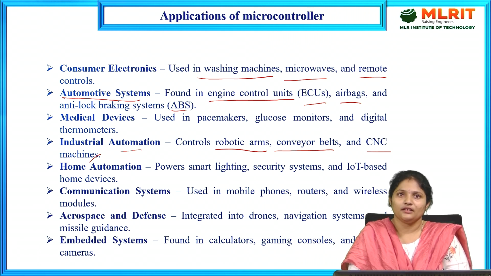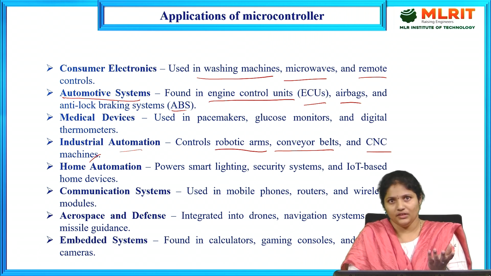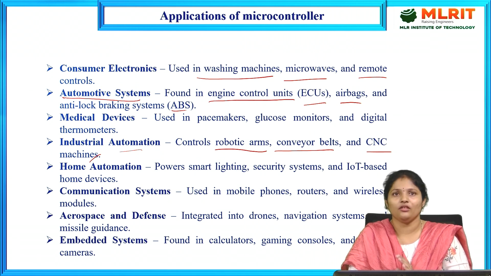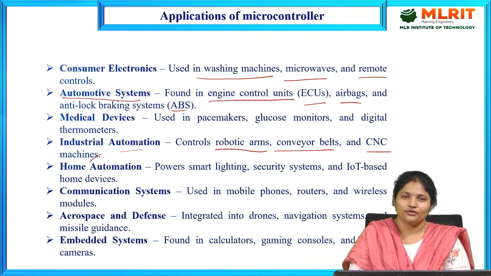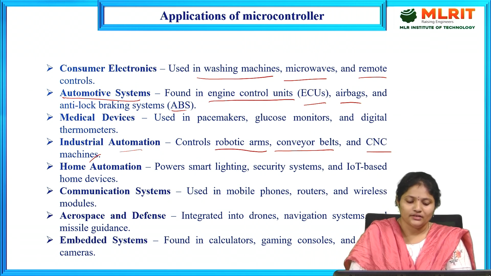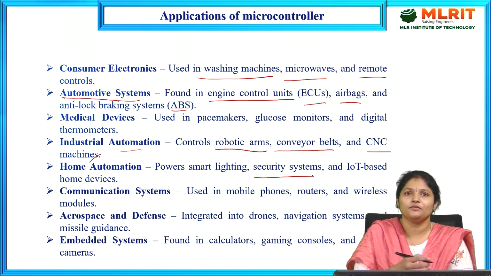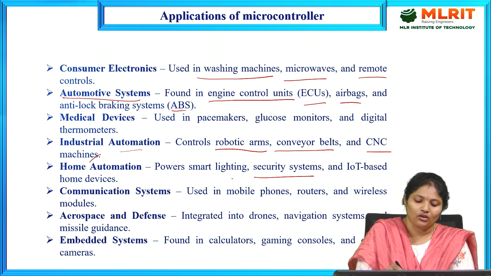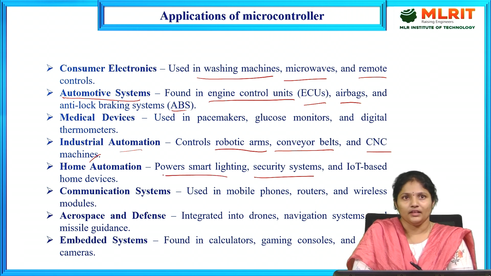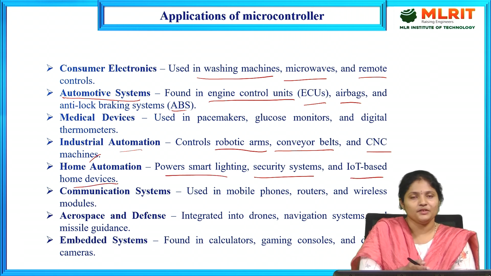In IoT systems, which are embedded systems, we also use microcontrollers as hardware units. In home automation we have security systems, automatic on, automatic off lights, everything. IoT-based home systems also come under home automation.